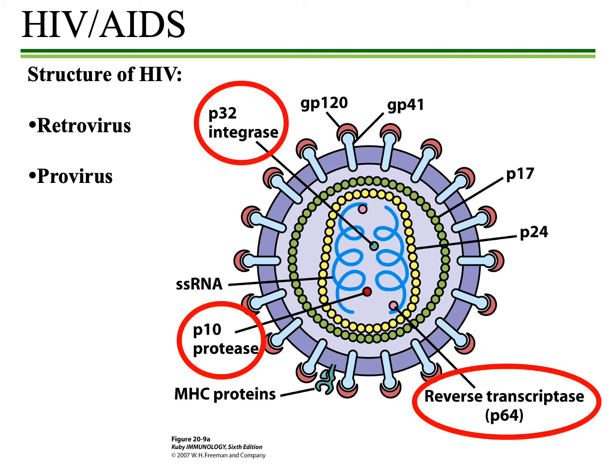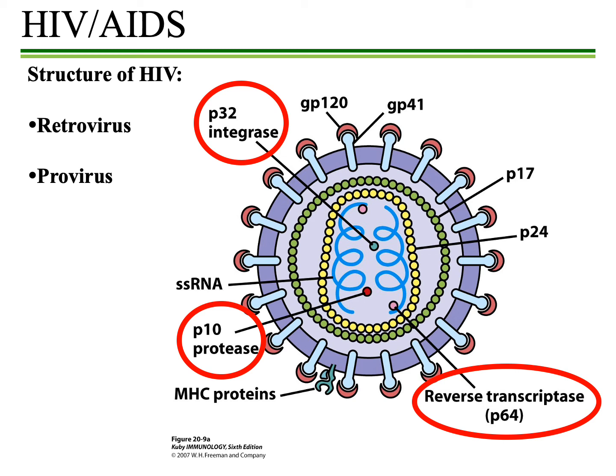The last thing that I want to talk about with this particular virus is that every viral component has packaged in it multiple proteins that are important for the virus to function. In this case, I've highlighted 3 of them. There is a protein known as integrase. This is a protein that is essential for integrating the viral genome into the host genome.